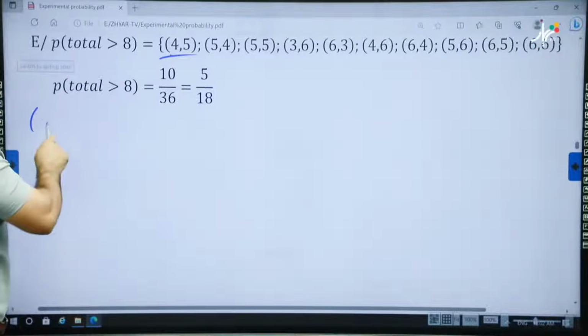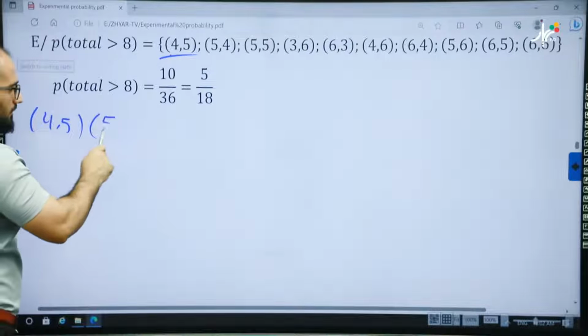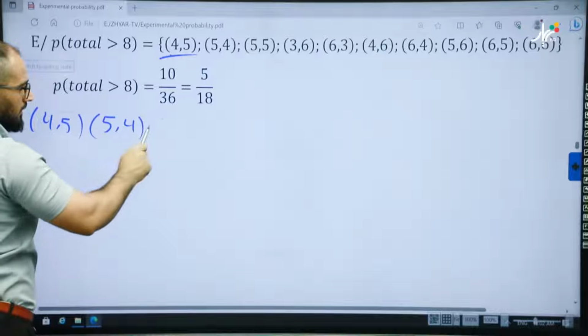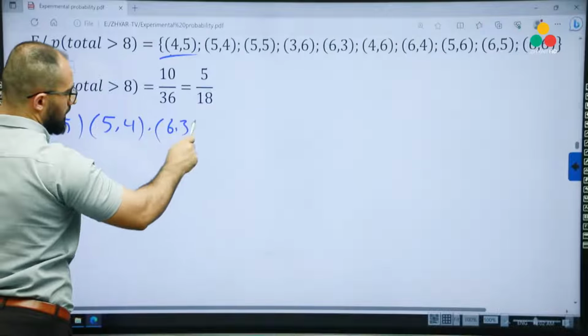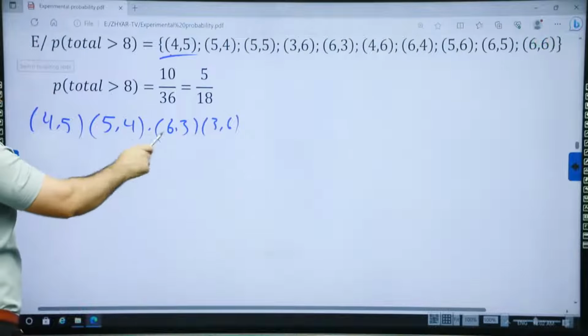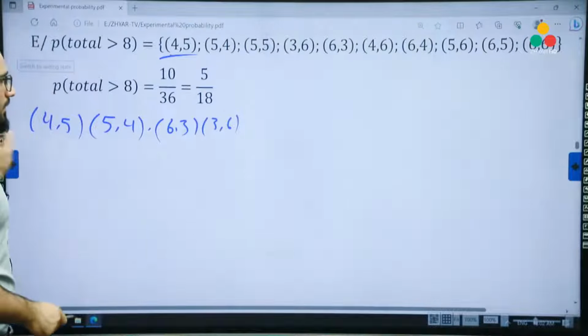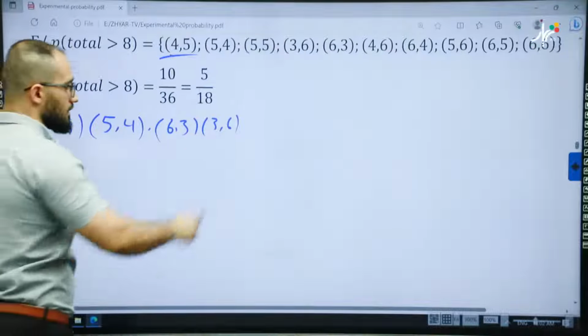So we have 4 and 5. Write the opposite, 5 and 4. Then we have 6 and 3, then 3 and 6. Why? Because 6 plus 3 is 9. Okay, 3 plus 6 is 9. It's greater than 8.